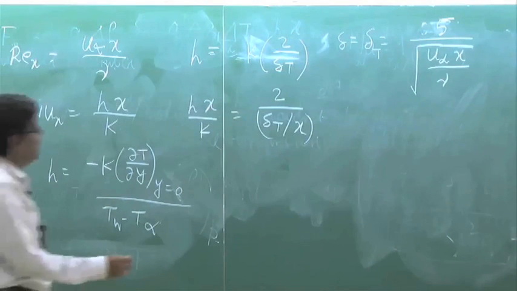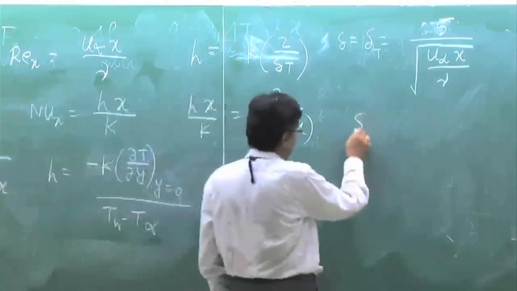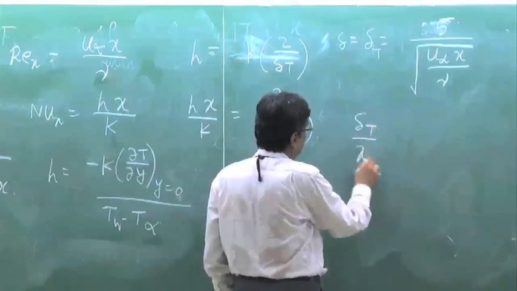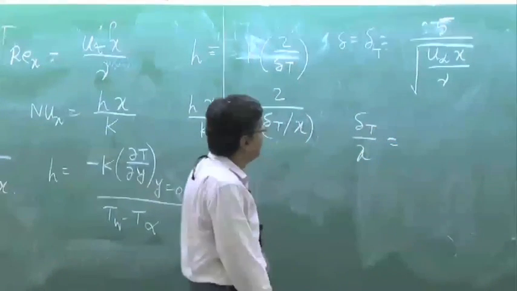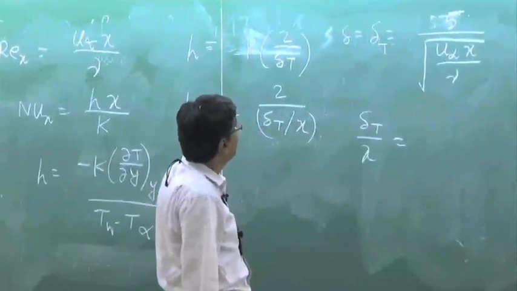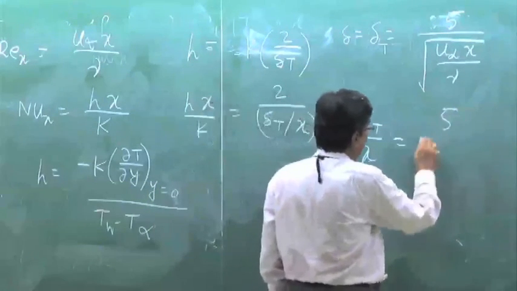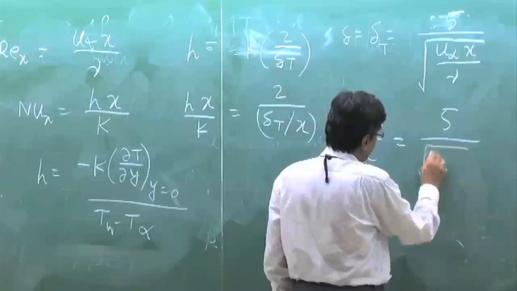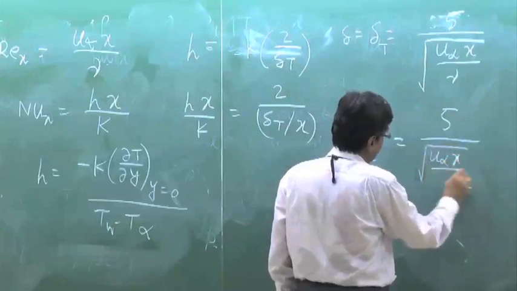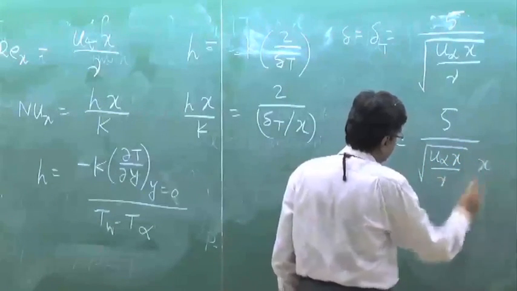So, what is delta t by x? It is 5 by root over u infinity x by nu into x.